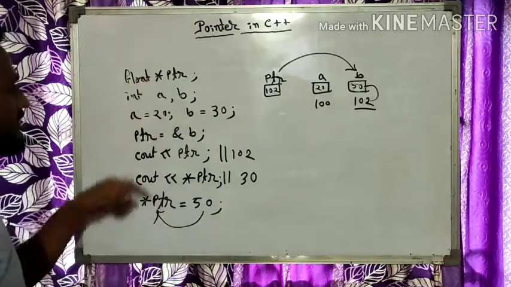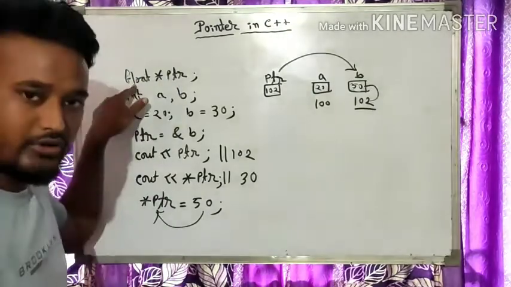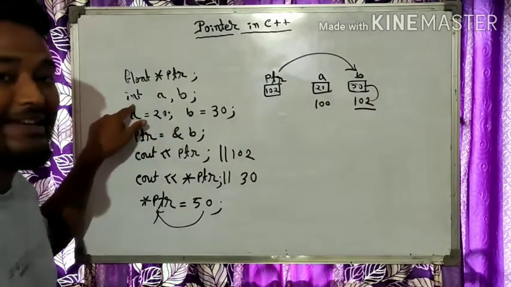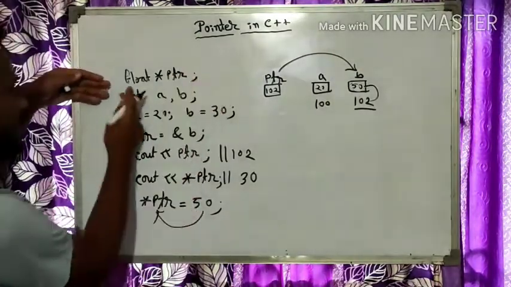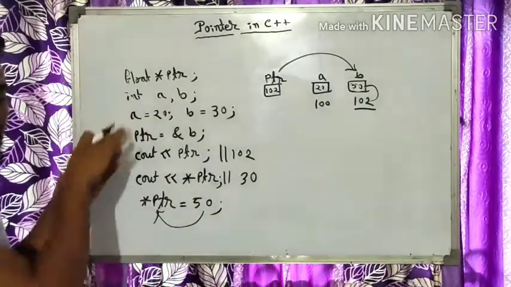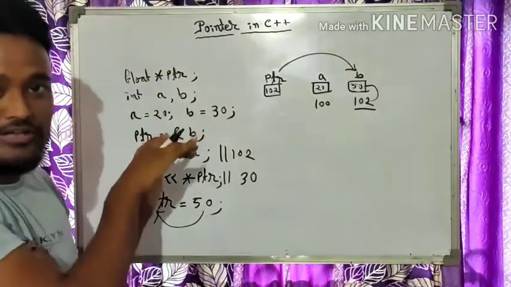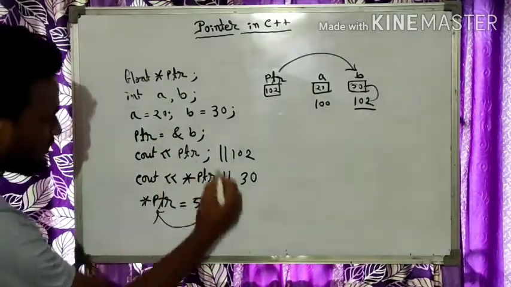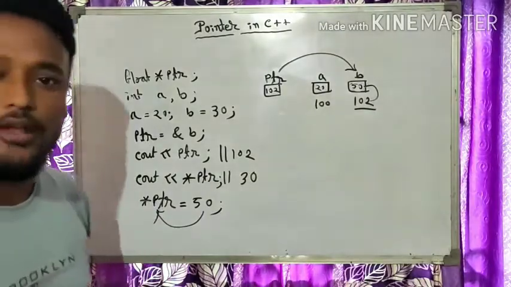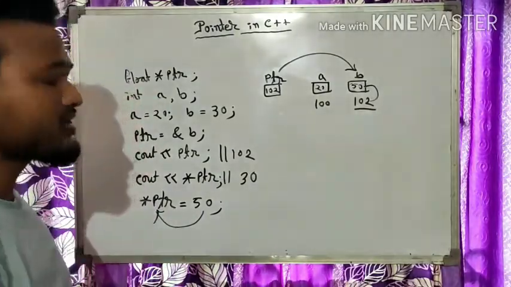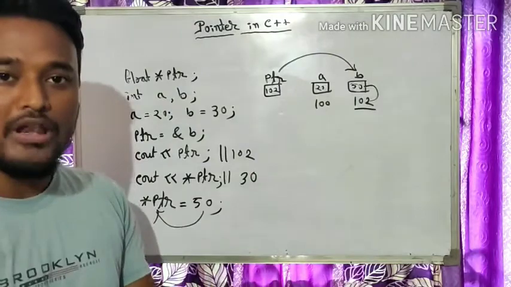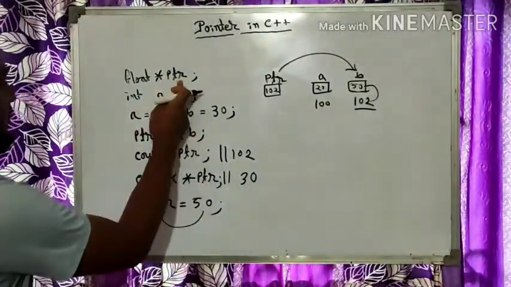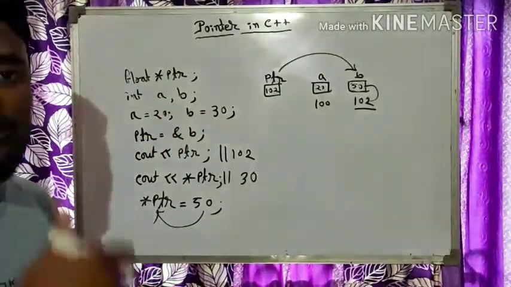So the pointer variable type is float and the type of a and b is integer. Both variable types are different. In this case, when you execute this statement, there will be an error. Why? Because the compiler will be confused, or the compiler will tell you that you are using this pointer variable with a different data type.